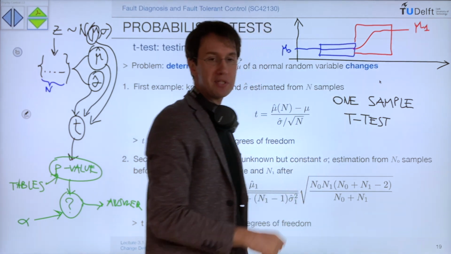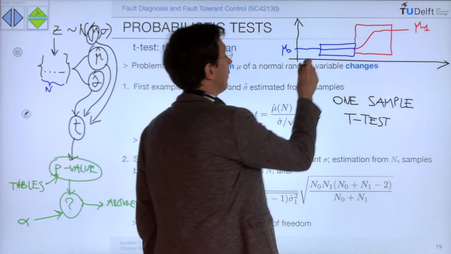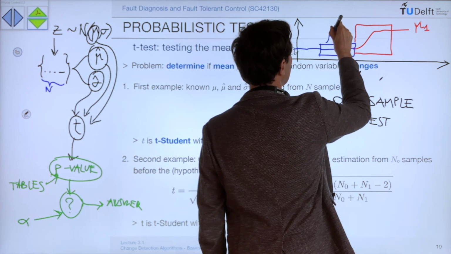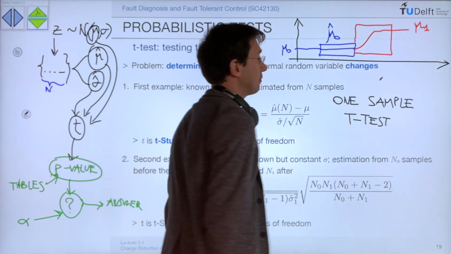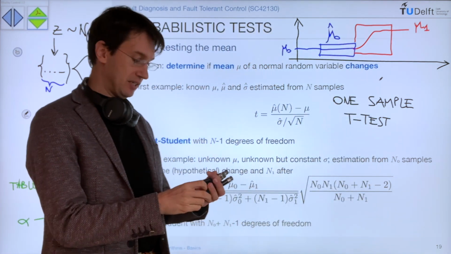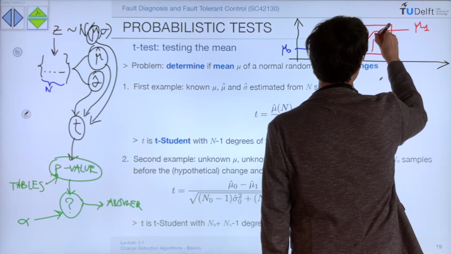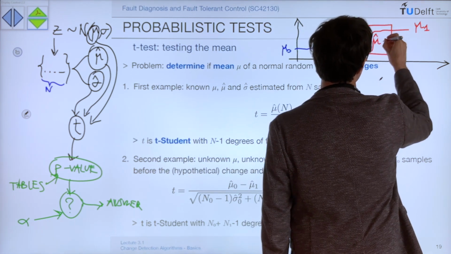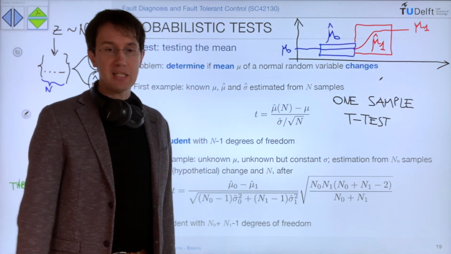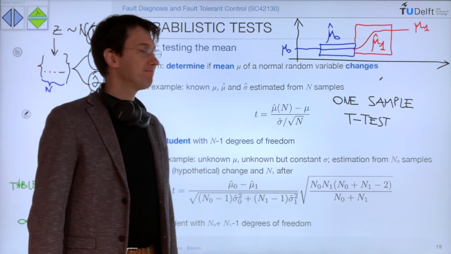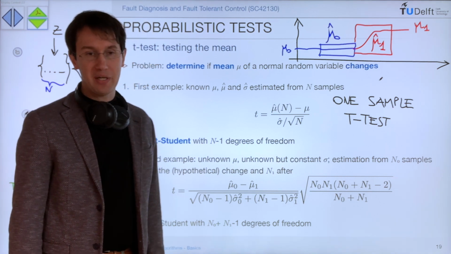We use the samples inside them to compute two quantities. One is called mu0 hat, the empirical mean that we have inside of the first window, and then mu1 hat, the empirical mean inside of the second time window. Initially, we don't know whether we had a change or not.